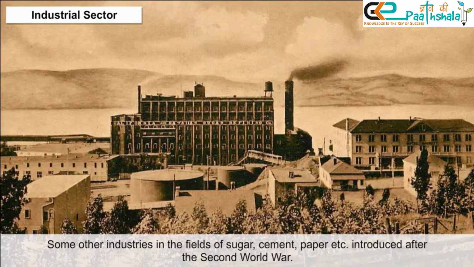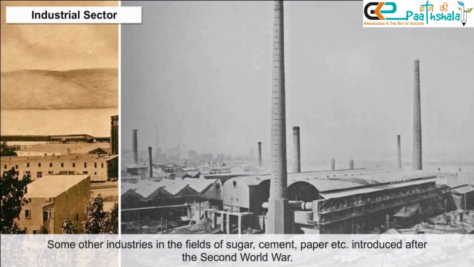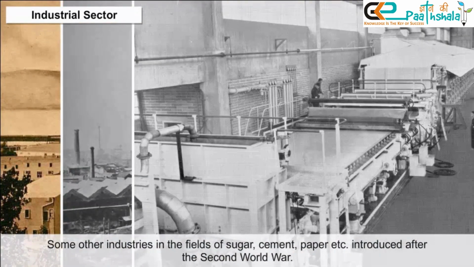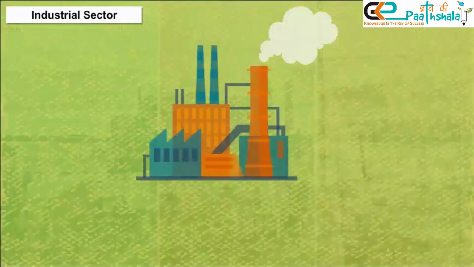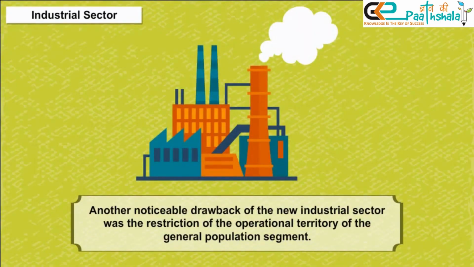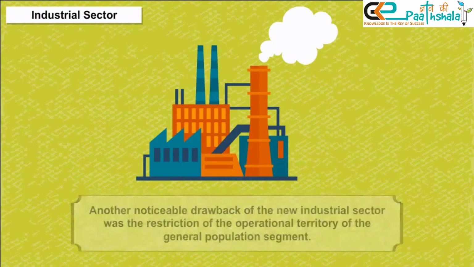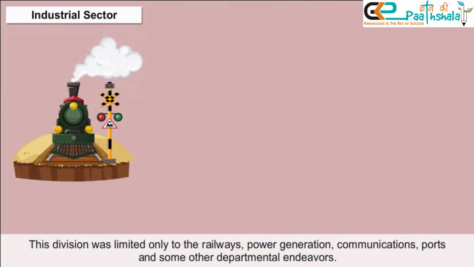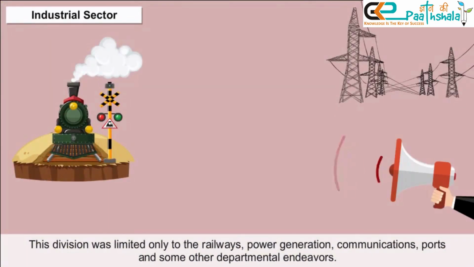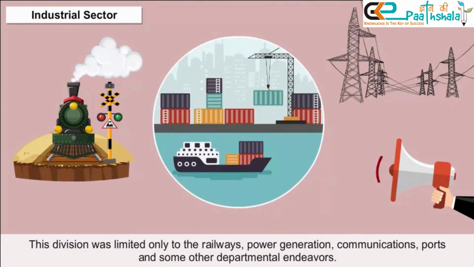Some other industries in the fields of sugar, cement, paper, etc., were introduced after the Second World War. Another noticeable drawback of the new industrial sector was the restriction of the operational territory of the general population segment. This division was limited only to the railways, power generation, communications, ports, and some other departmental endeavors.